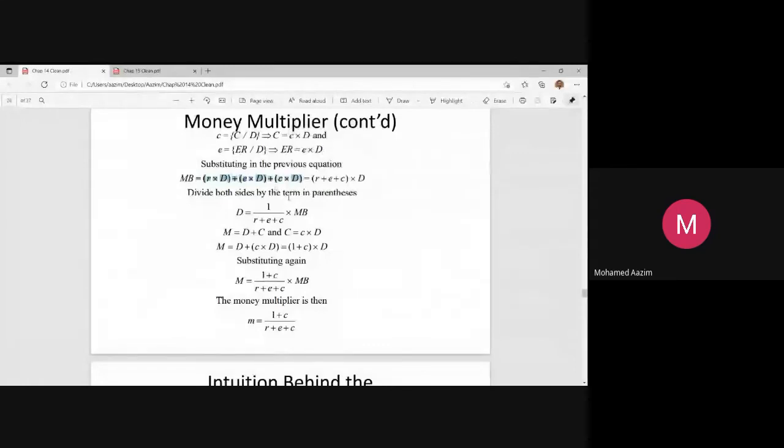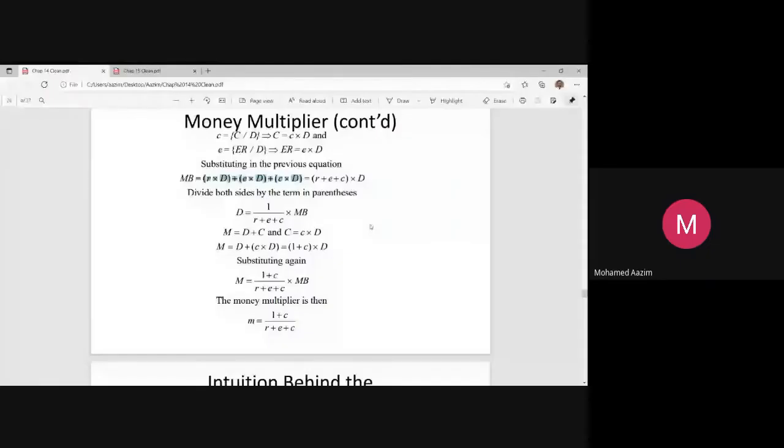So you see in this component, there's a common variable that is D. So these are simple arithmetics that you are very familiar with. You take out D, what is left with you is r, e, and c.